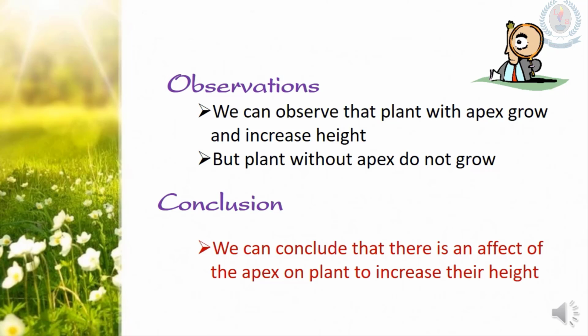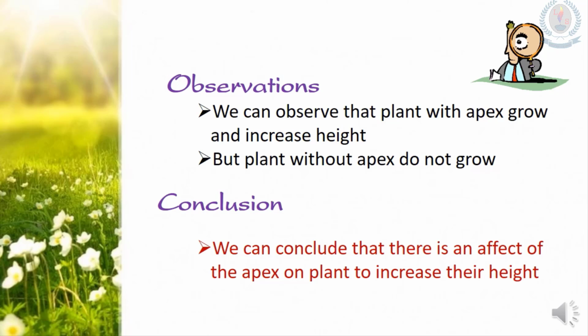We can observe that the plant with the apex grows and increases in height, but the plant without the apex does not grow. So, we can conclude that the apex has an effect on the plant's increase in height.